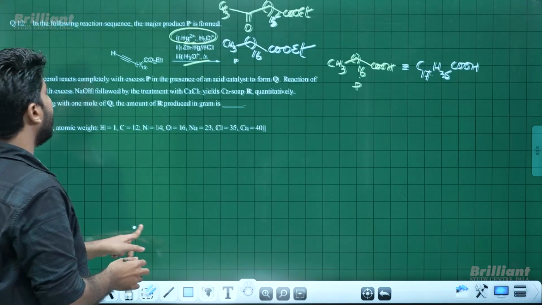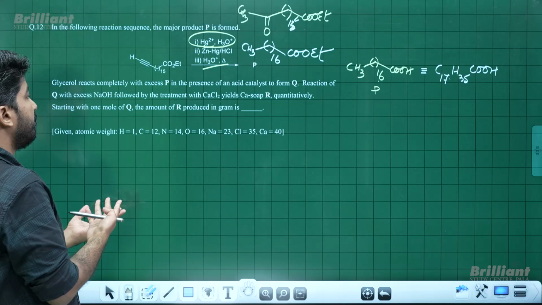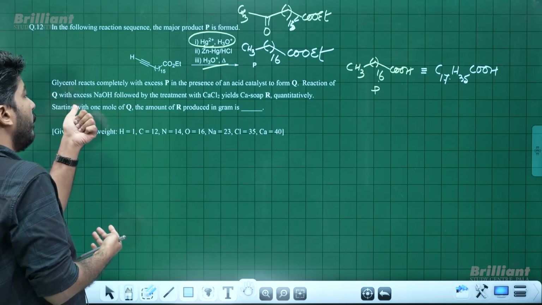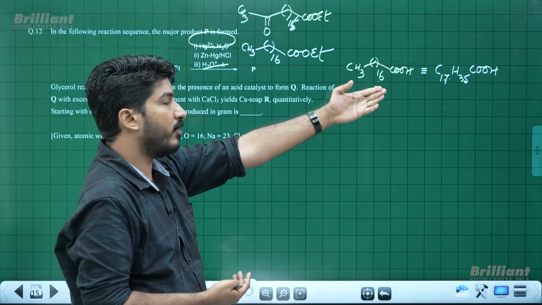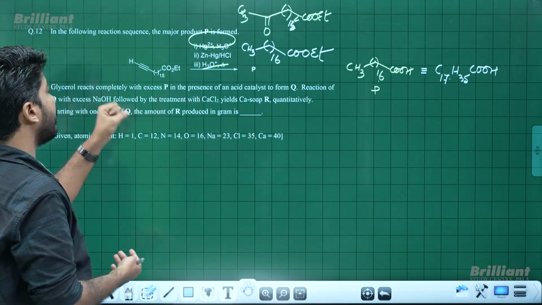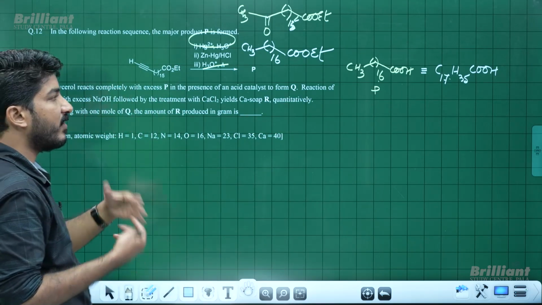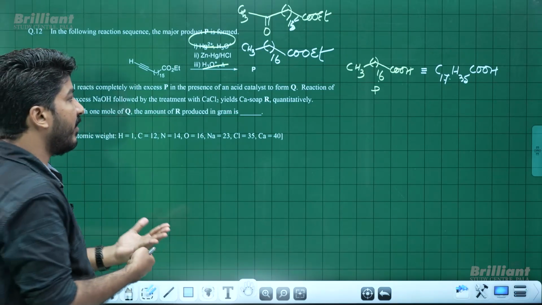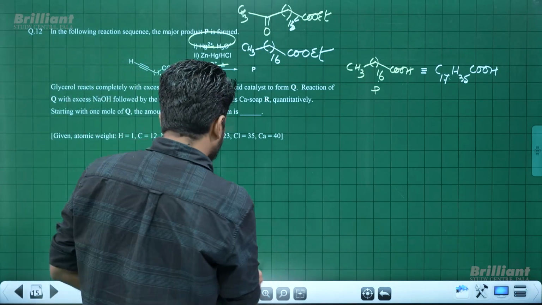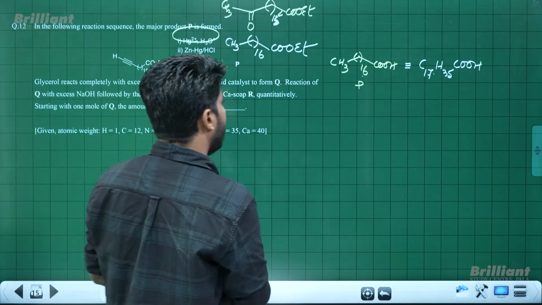Now after that they are continuing with the reaction. P is then treated with glycerol in the presence of an acid catalyst. You know, P is a carboxylic acid according to functional group. A carboxylic acid is treated with glycerol, which is an alcohol, so a glyceryl ester of stearic acid will form. So let's see what is the structure of that one.